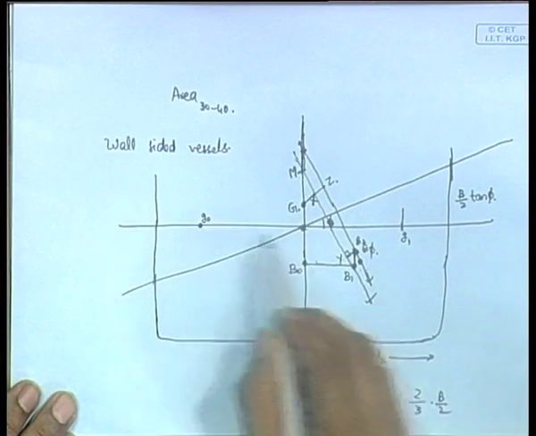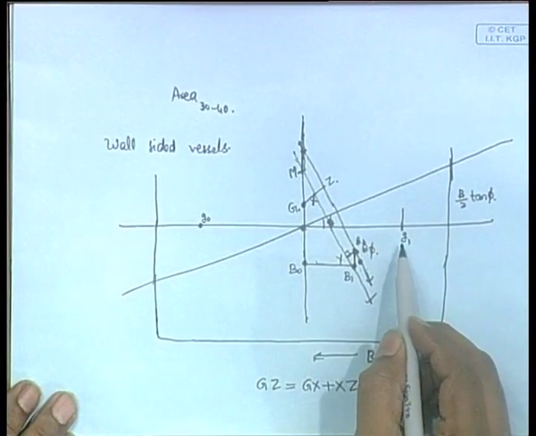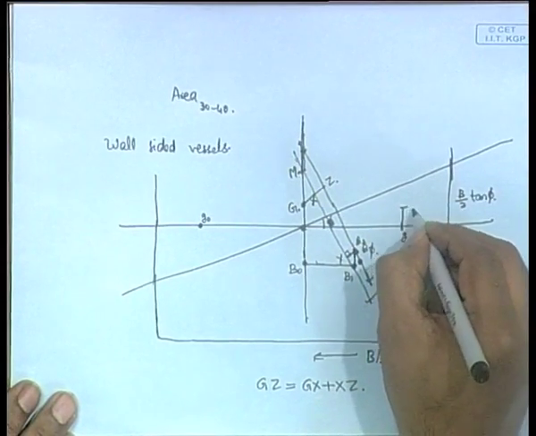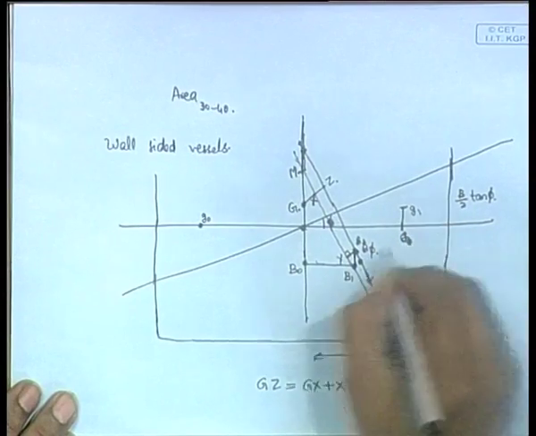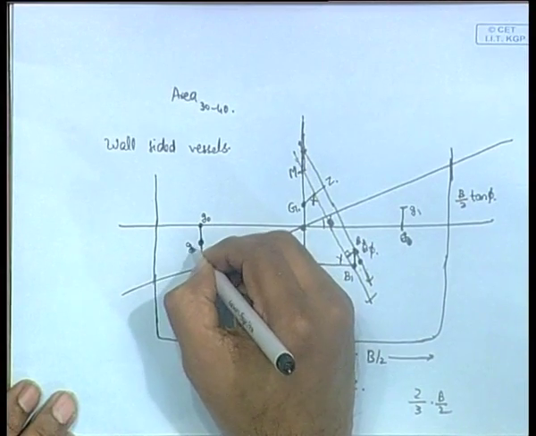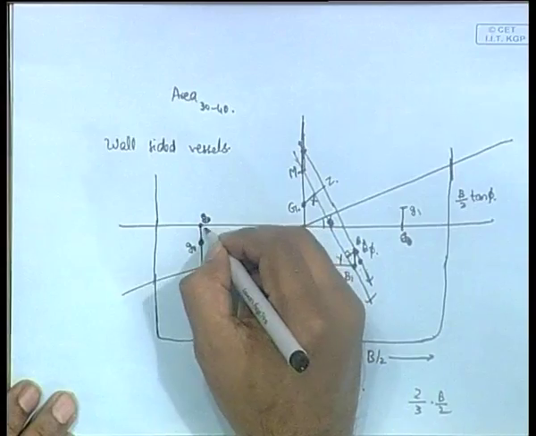So, G0 gets shifted to G1. In fact it will be here, not here, sorry, G1 will be here and G0 will be somewhere here. This is just the horizontal component of it.